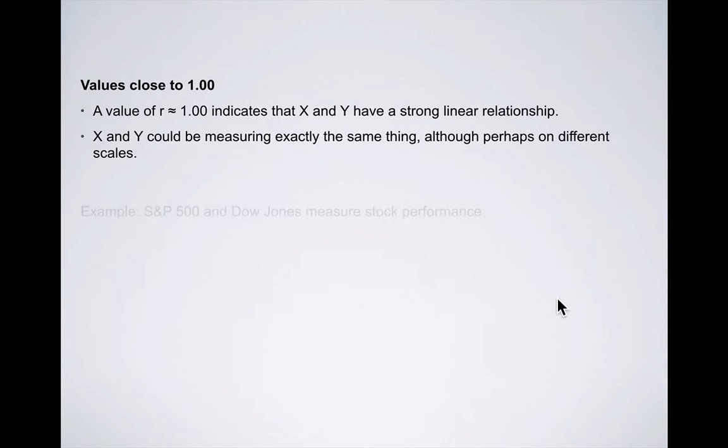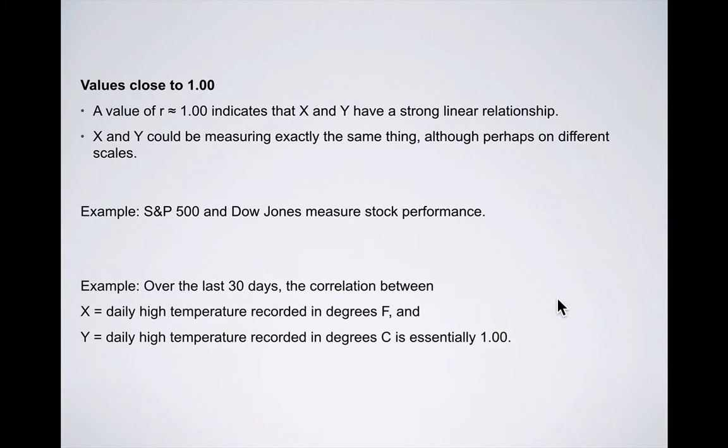As an example, the S&P 500 and the Dow Jones measure stock performance. They do this differently, but if you compare their averages, then they tend to be very close as far as their correlation coefficient, that when the S&P has a high value, the Dow Jones tends to have a high value as well, and vice versa.